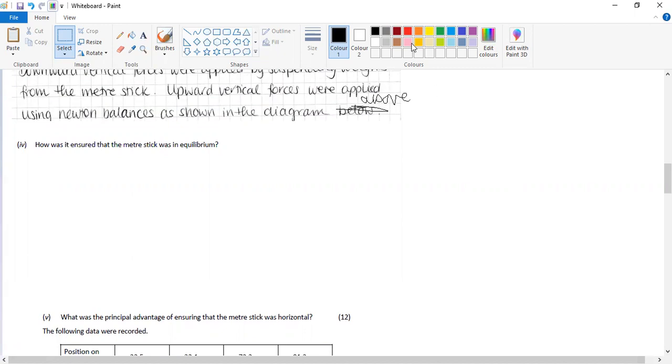So I'll put that in from my sample answer because it's a bit quicker than me handwriting it. But it's when the meter stick is not rotating, so it's not going around side to side, one end going up above the other. It's not moving in any direction, just to be really clear about it.